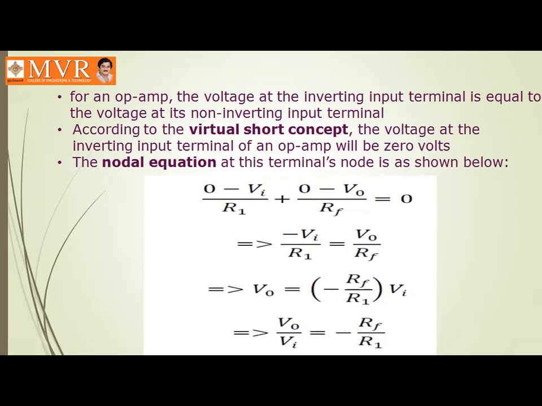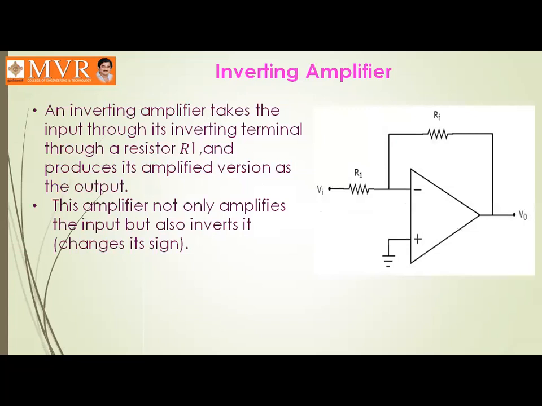So this is the operation of our inverting amplifier, Opamp as an inverting amplifier. When we give a signal, the output is going to depend upon minus Rf by R1 into Vi.